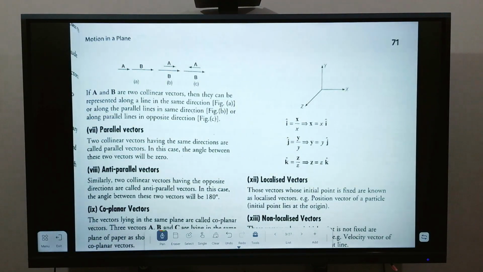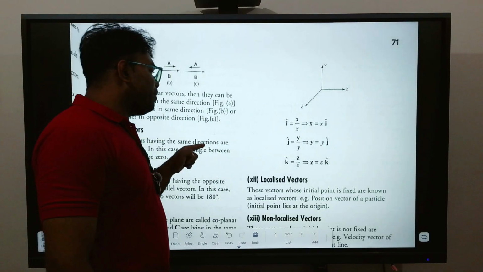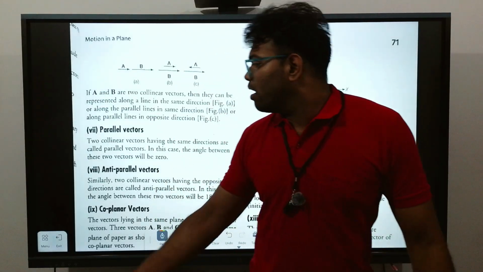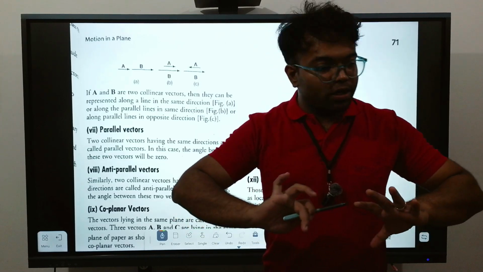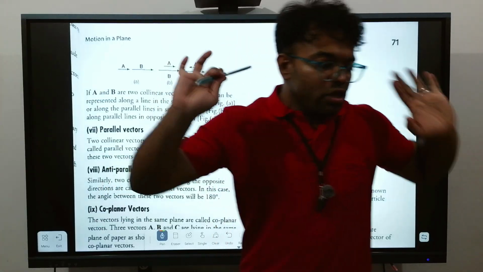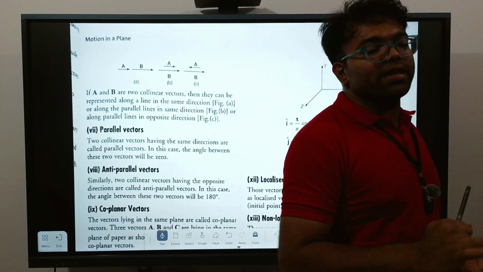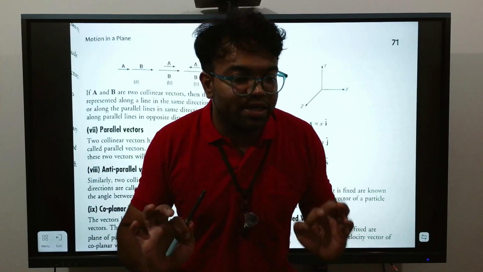Next, parallel vectors. Two collinear vectors having the same direction are called parallel vectors. Understood? You don't have to have the same magnitude. All that is required is that you have the same direction.